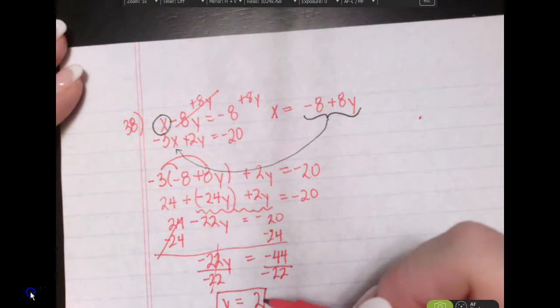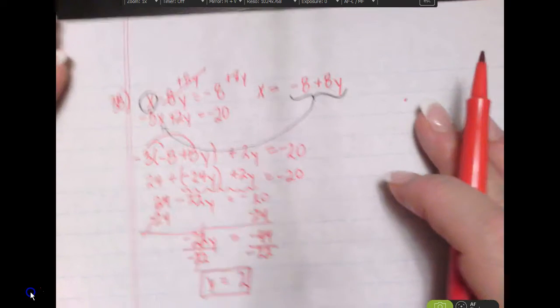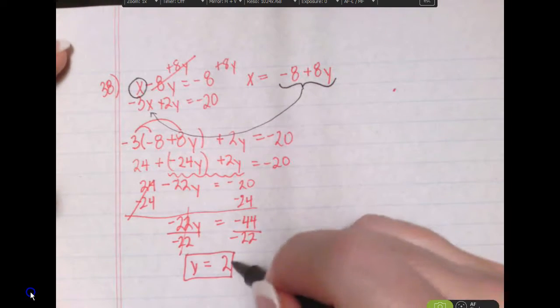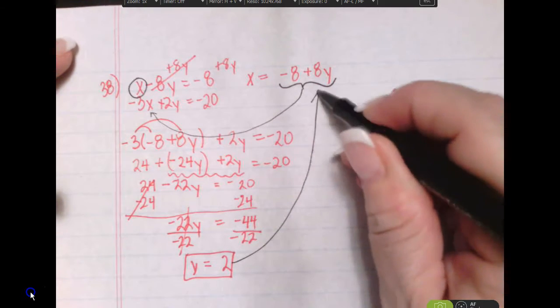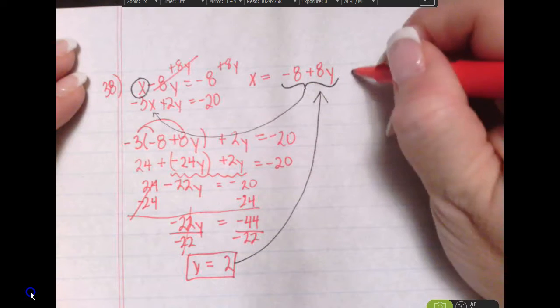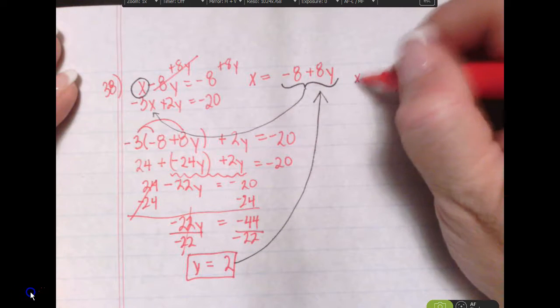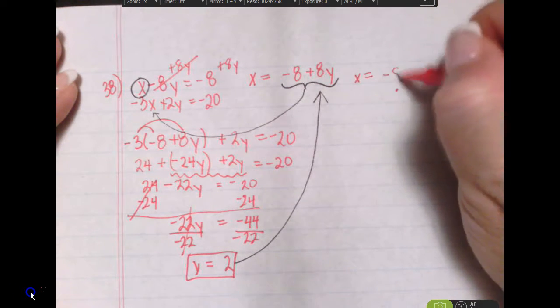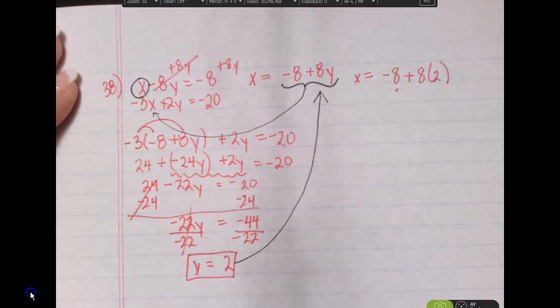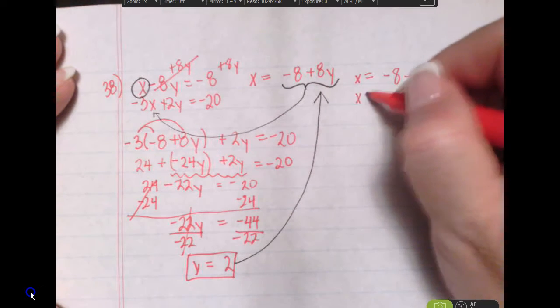So now that I've got one of my variables solved for, I want to take that and plug it back in to my original substitution equation. I know that x is equal to -8 plus 8y, and since now I know y is 2, now I have an equation that just has one variable in it.